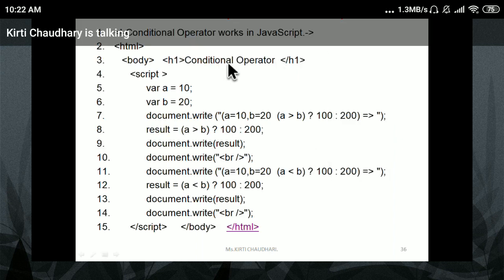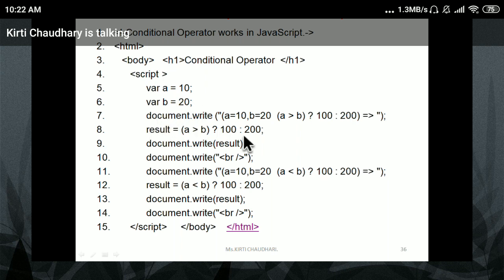The operation body starts here. All variable declarations and all things are allowed. So variables are declared where a equal to 10, b equal to 20.